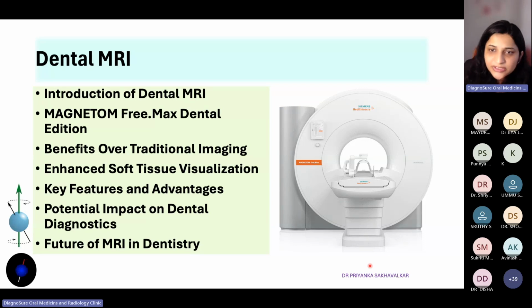It offers superior visualization of soft tissues. This is not yet widely accepted, but this is the potential future of MRI in dentistry. Hopefully this will be a small machine which can be used in a dental office, but let's see how it goes.